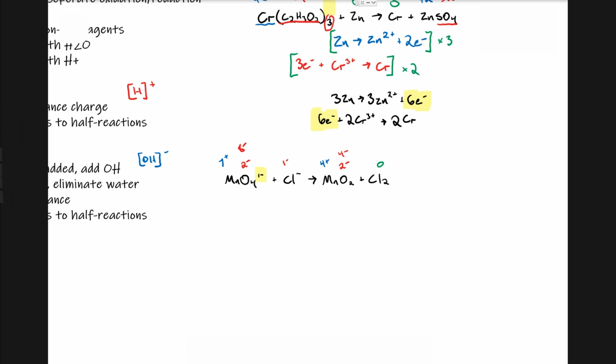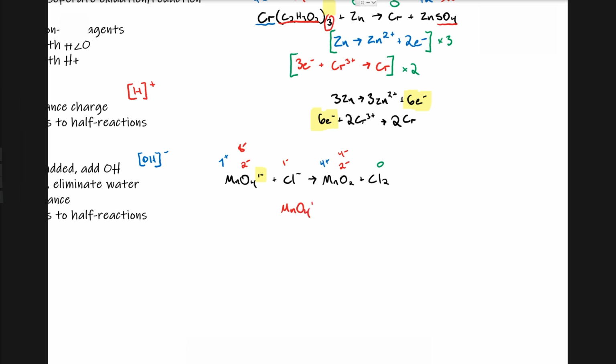To split these into half reactions, let's take a look at what is oxidized and what's reduced. Manganese goes from 7 positive to 4 positive. Now, if its positive state is being lowered, that means it's being reduced, right? It's gaining electrons. It's reduced from 7 to 4, which means it gained electrons. So let's go ahead and throw that right here.